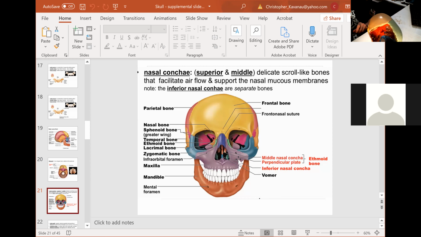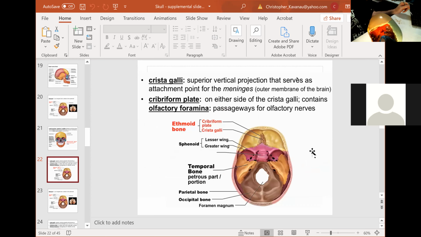Again, ethmoid bone. And here again, viewing from a decalvarated specimen. There are a couple of components of the ethmoid bone I want to describe as viewed superiorly, looking down into the skull: the cribriform plate and the crista galli.